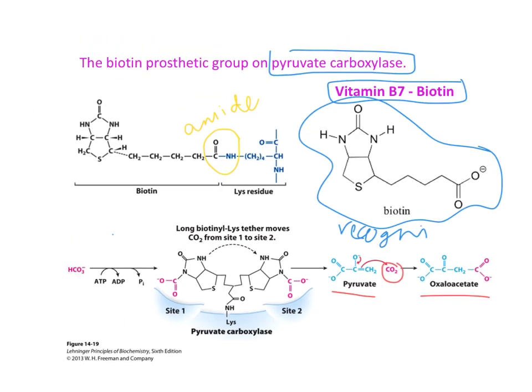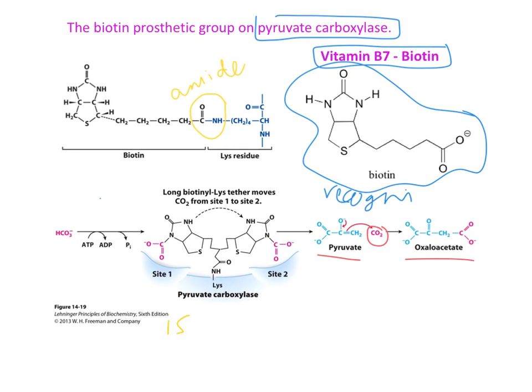All right, so biotin is a CO2 carrier. So what it does in the active site, so here's the active site right here, is it acts as a swinging arm, and this pyruvate carboxylase enzyme is really quite large, but essentially what's happening is it grabs the CO2 from one region and then swings to another region to facilitate carboxylation, or adding a CO2 to the pyruvate.